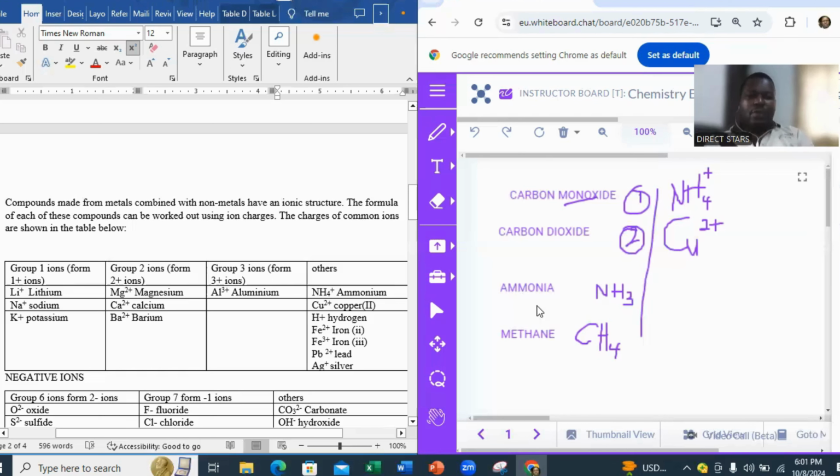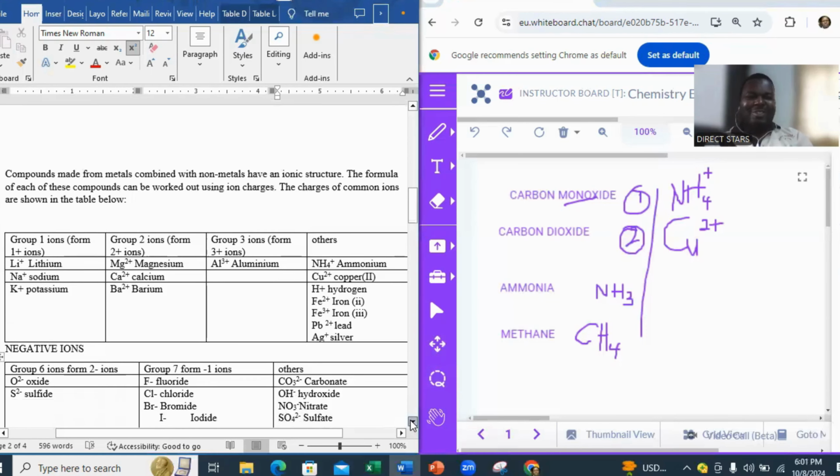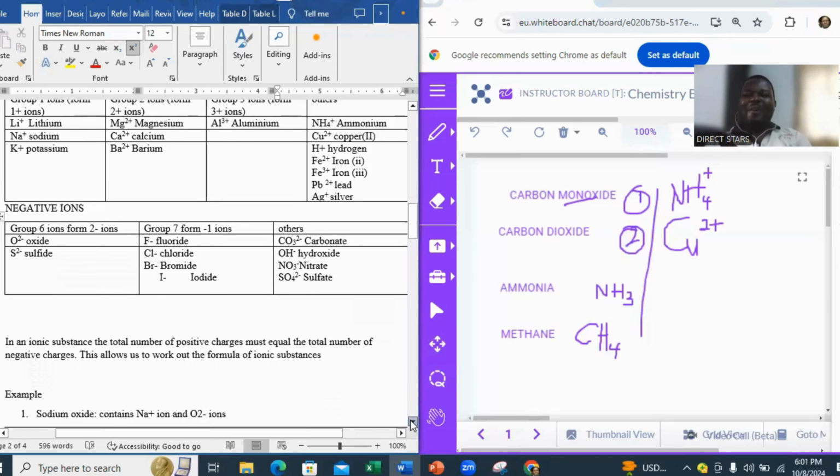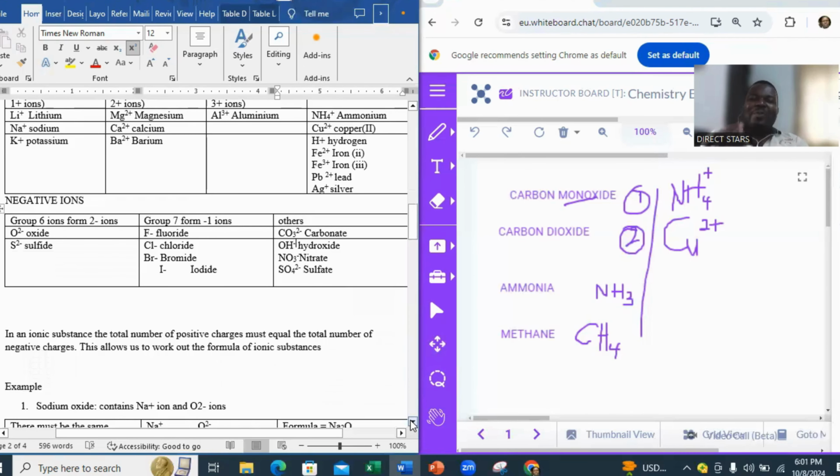So we move on to the non-metals. The non-metals, on the other hand, we'll start from group 5, 6, and 7. You would recall when we were treating valency, we said the valency of group 5 elements is basically 3, so their charge will be -3.